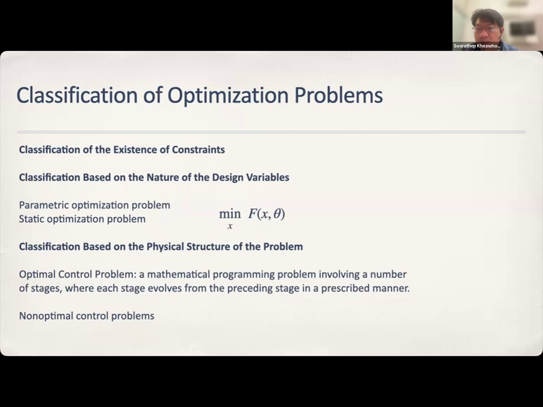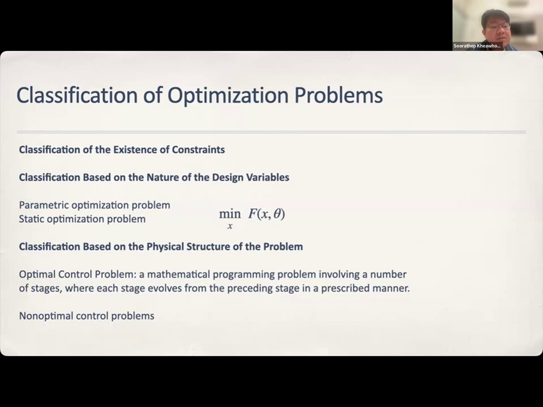If the constant is a parameter, we call it a parametric optimization problem, and we have a solution which is a function of that parameter. We try to solve, and our solution obtained is a function of that parameter. For a static optimization problem, all the constants are fixed. The parameters are not parameters, they are fixed, constant. So it's a static optimization problem.